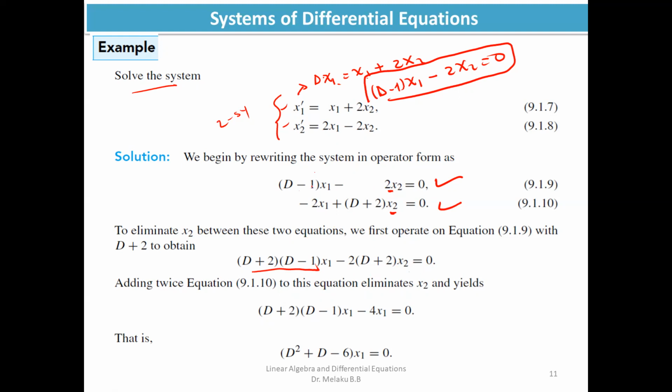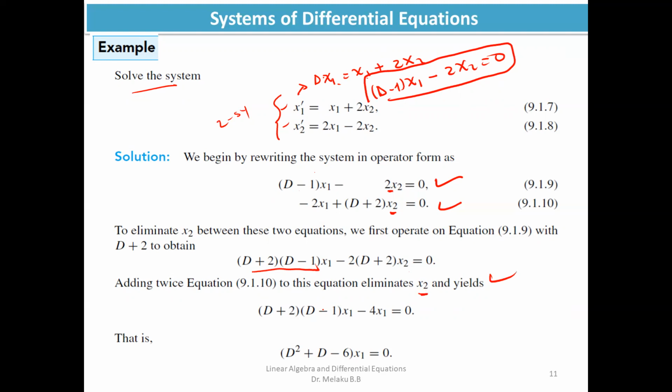I should multiply the second equation by 2. Therefore, adding twice of equation 9.16 to this equation, it will easily eliminate x2.